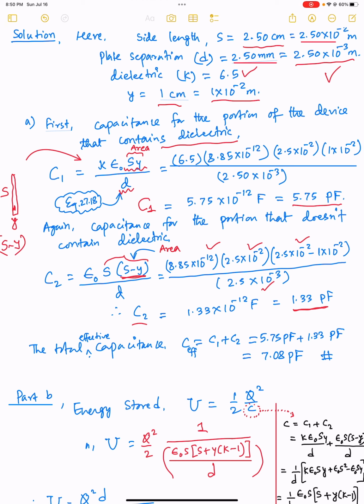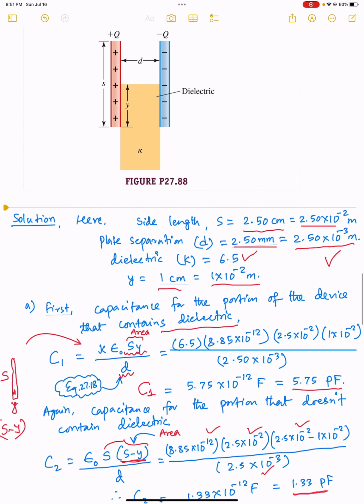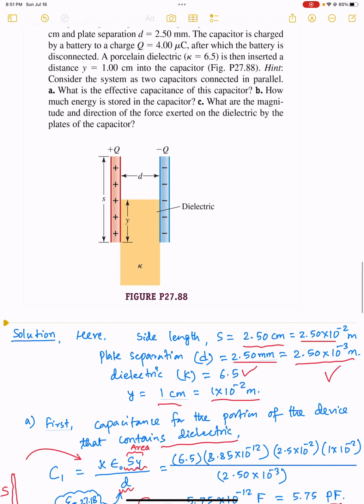So the total capacitance, that is C effective, would be the sum of the capacitance that contains dielectric plus the capacitance for the portion of the device that doesn't contain dielectric. So the sum would be this much. So this completes the solution for part A.